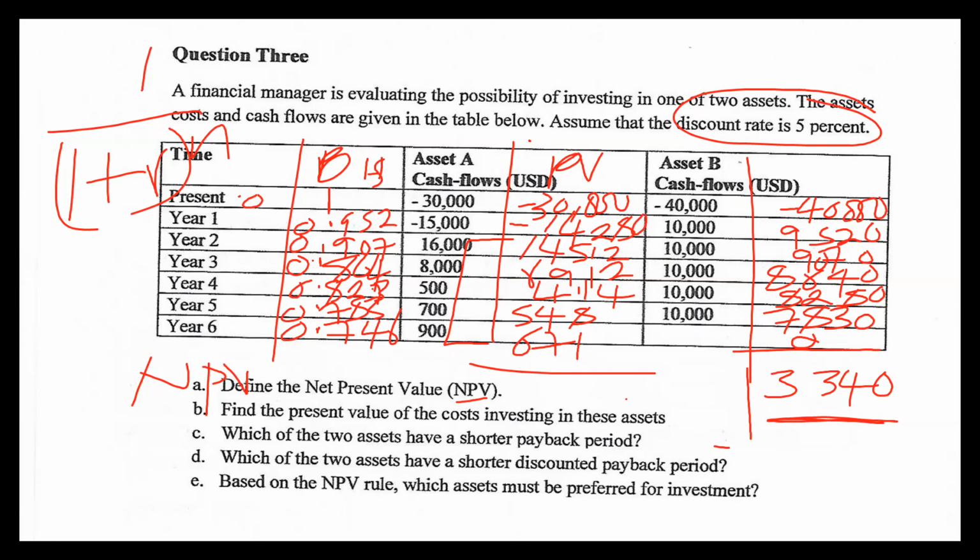So I have to subtract from these two: minus 14,280, again minus 30,000.